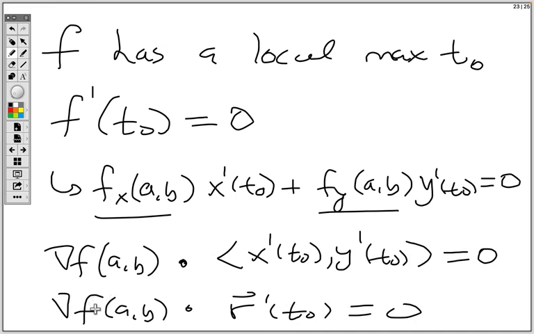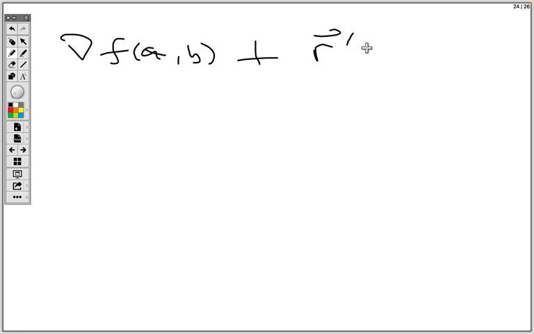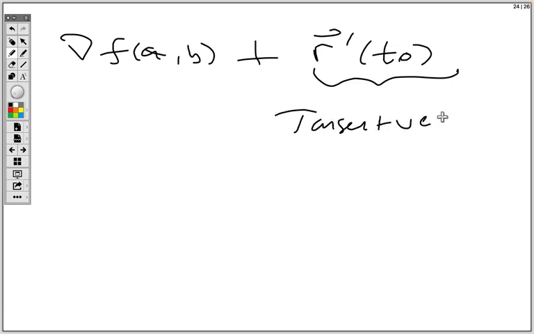And so here's another vector that's orthogonal to r prime. So the gradient vector is orthogonal to r prime at t naught. And remember, r prime is a tangent vector at the point (a, b) on the curve.